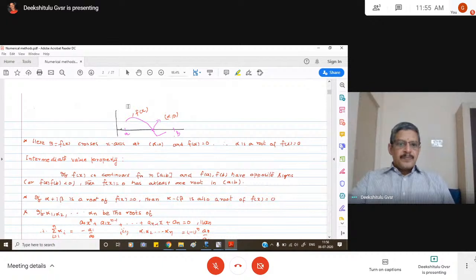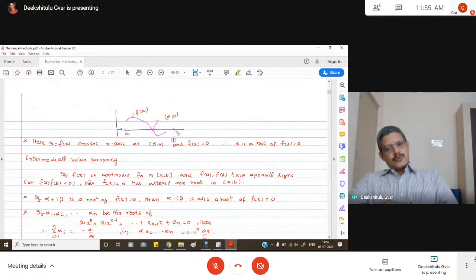This is in the positive y-axis, the upper half of the plane. That means y is positive. Here at f(b), the curve is below the x-axis. That means it is in the fourth quadrant, in which y is negative. So f(a) is positive and f(b) is negative.